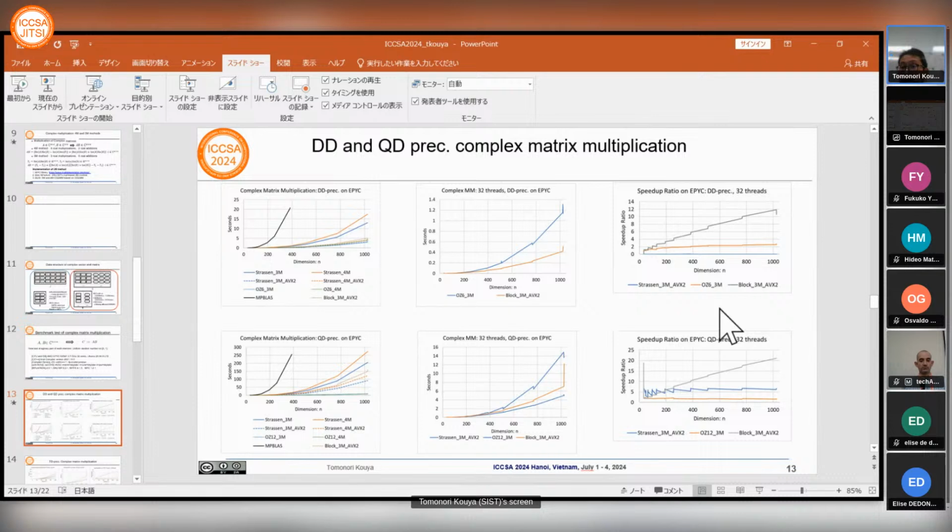So we can get better performance by using these algorithms.